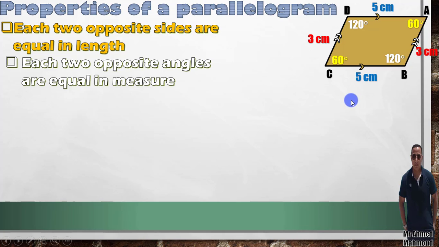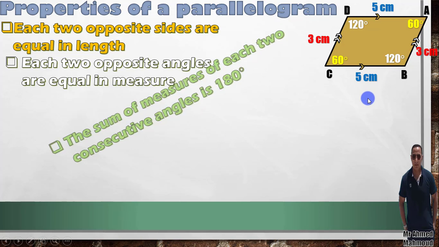Now, looking at angle A and angle B, angle A equals 60 and B equals 120. 60 plus 120 equals 180. Also B and C equal 180, also C and D equal 180, also D and A equal 180. So each two angles beside each other, which are called consecutive angles, are supplementary, or the sum of their measures equals 180.